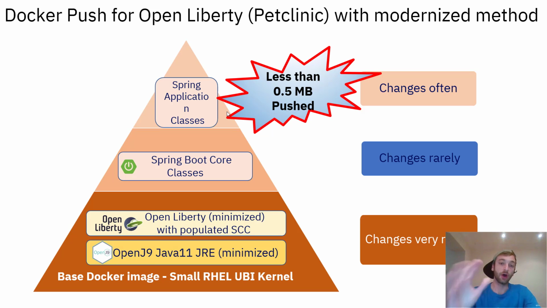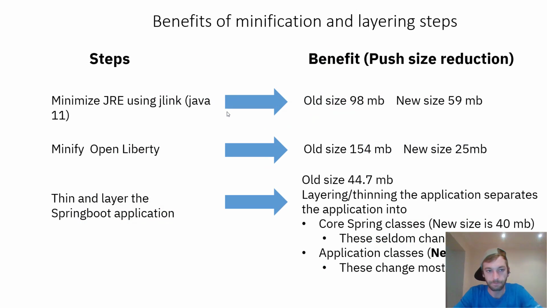The top layer, which is your application classes, changes a lot, but that's quite small. You've got the Spring Boot core classes, but they change rarely. So again, you won't have to push them every time you make a change. Then you have the underlying classes, OpenJ9 and OpenLiberty, which will change very rarely. By splitting our containers up into these different layers, we can minimize the amount that gets pushed every time we want to make a change.